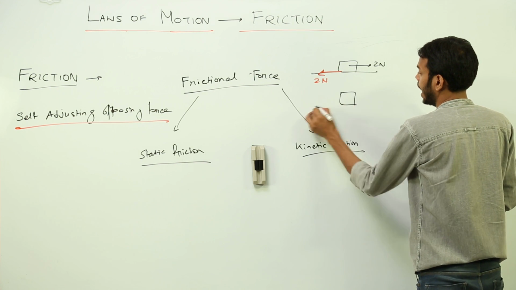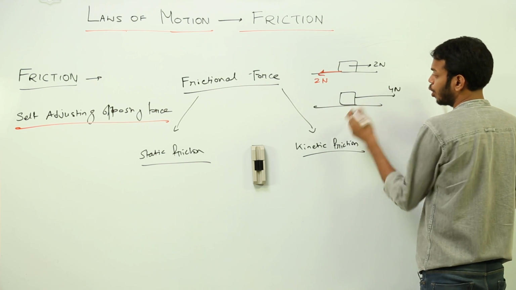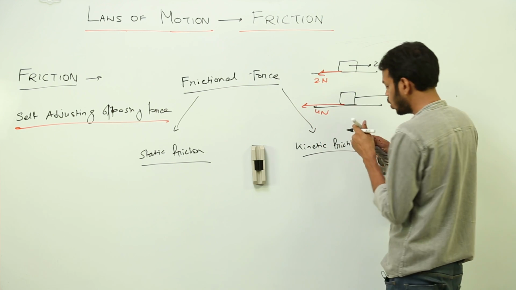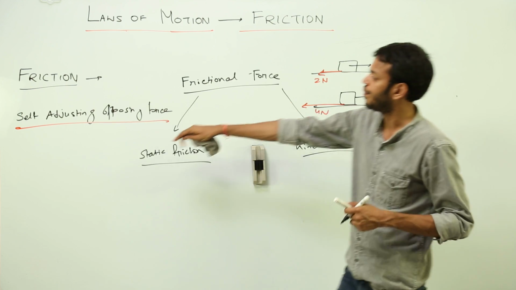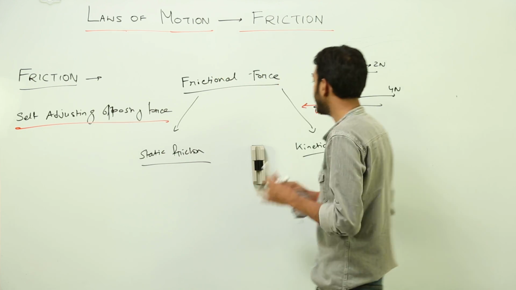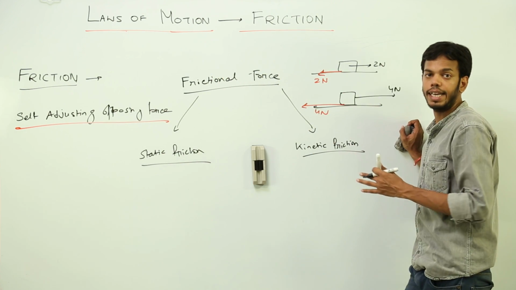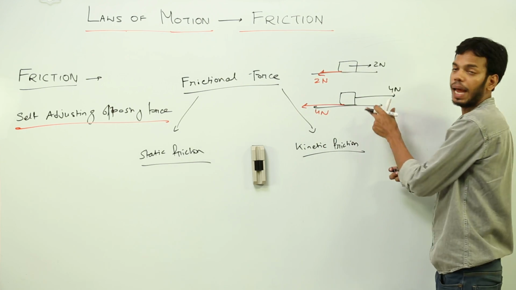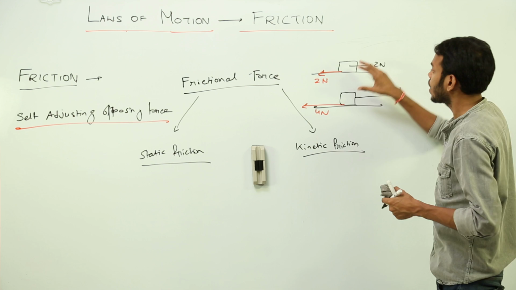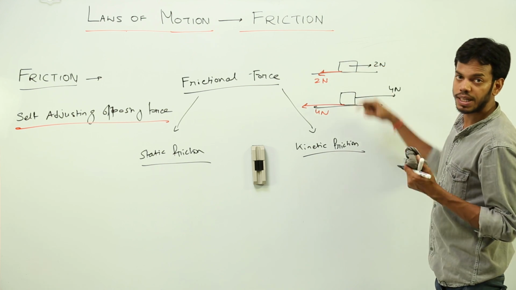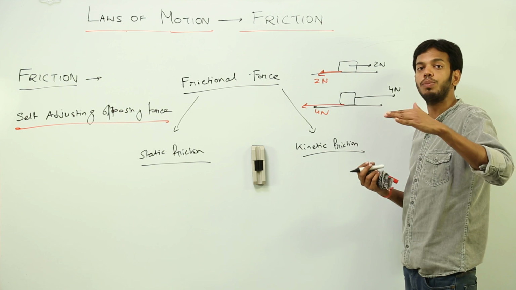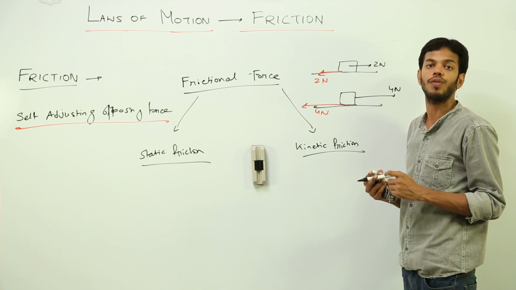Let us say now I am applying a force of 4 newtons and the body is still not moving. That means the frictional force is also 4 newtons. So this is the character of a self-adjusting force. But there will be a limit of friction, right? Force is applied to move the body, but the body is not moving because these forces are not enough to break all the bonds which are already formed between the actual points of contact.